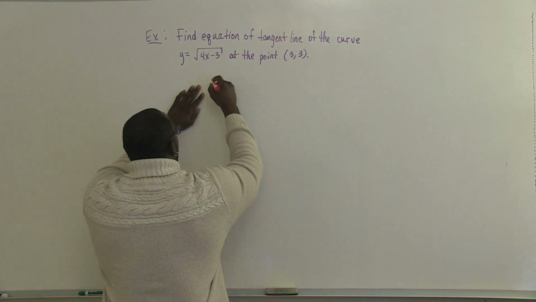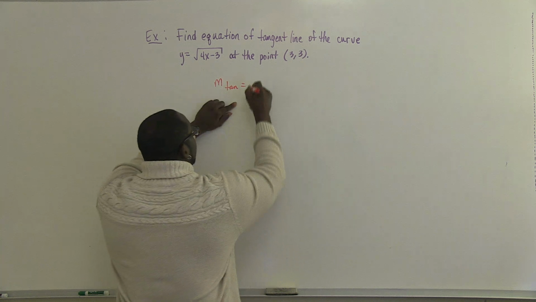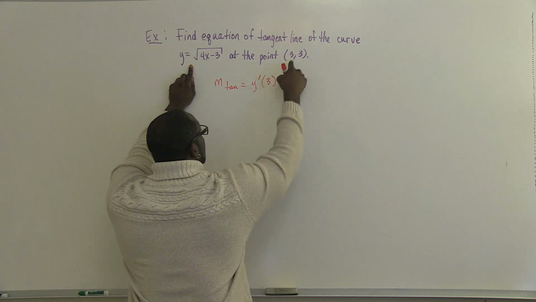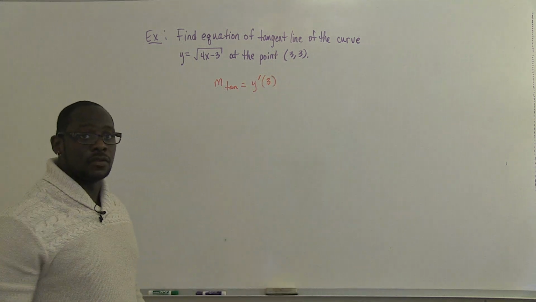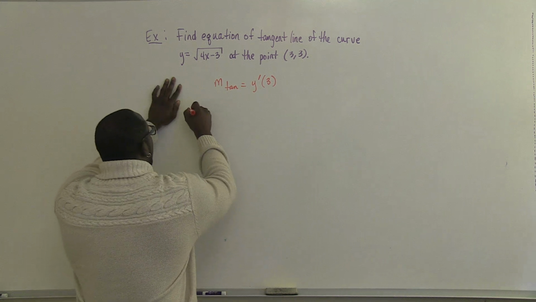So we want to start off by finding out what is going to be the slope of the tangent line by finding the derivative of this particular function evaluated at our x value, x equals 3. So let's go ahead and do that.